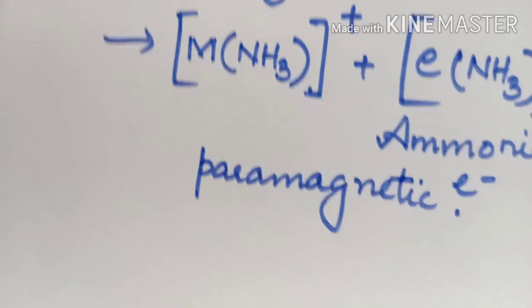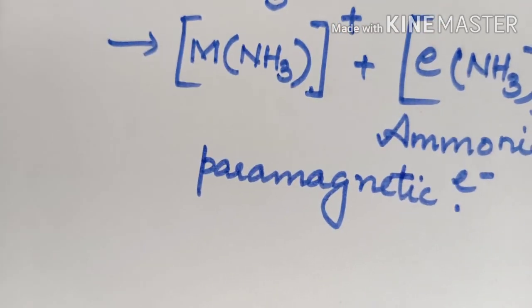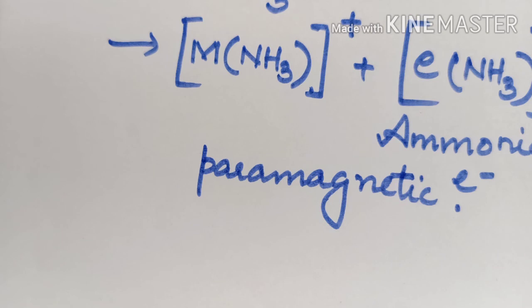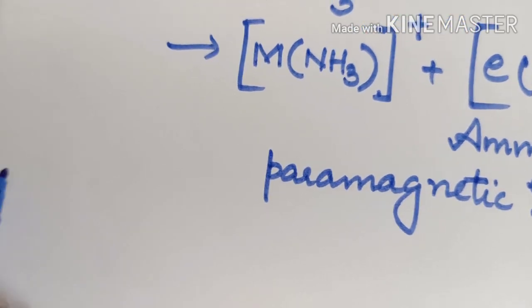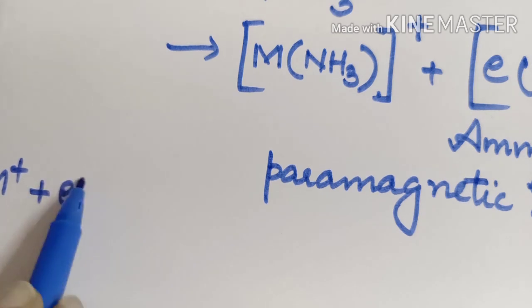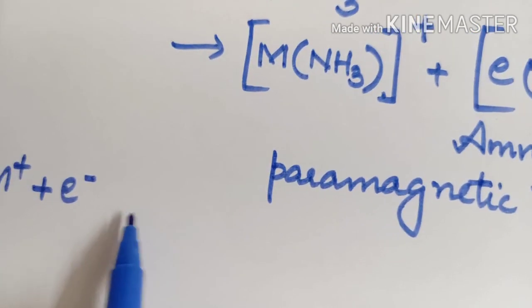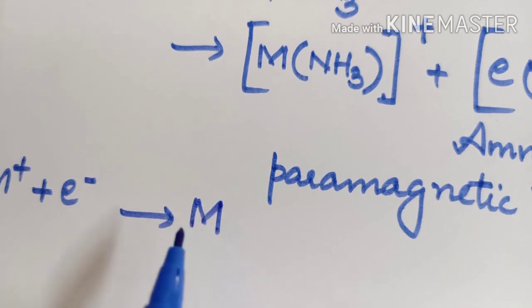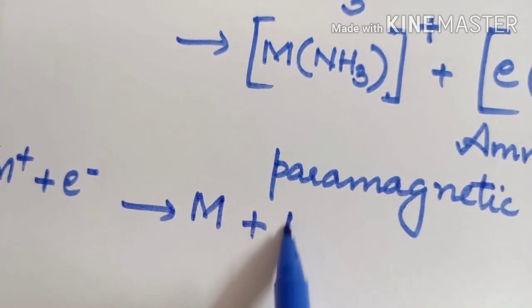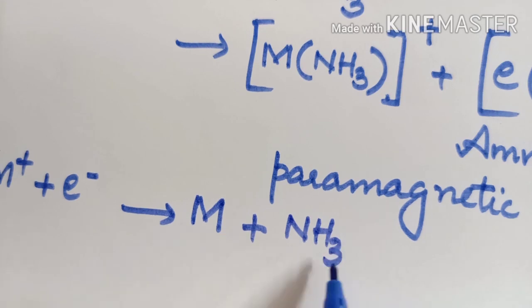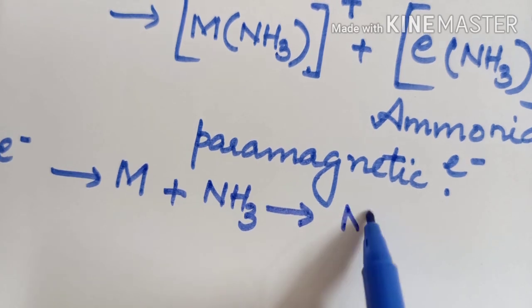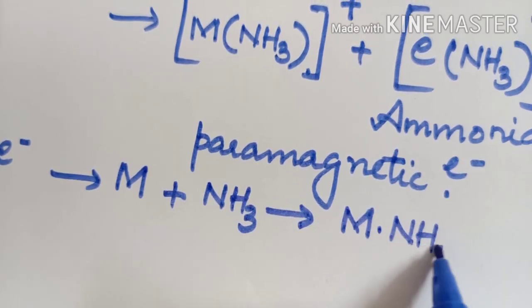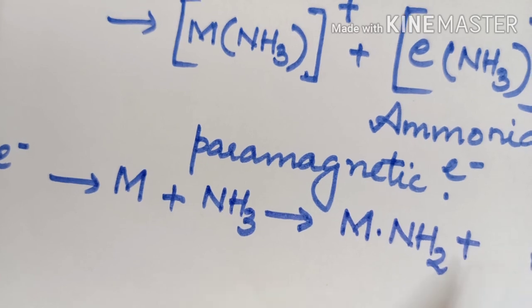But when this solution is kept for long, you find that it will liberate hydrogen. So what happens there? When it is kept for long, the metal ion accepts the electron back and it forms the metal. Subsequently, the ammonia solvent will surround it and it will produce MNH2, liberating one hydrogen atom.